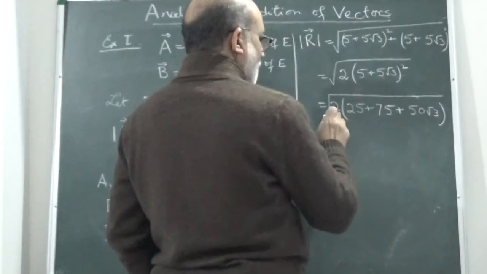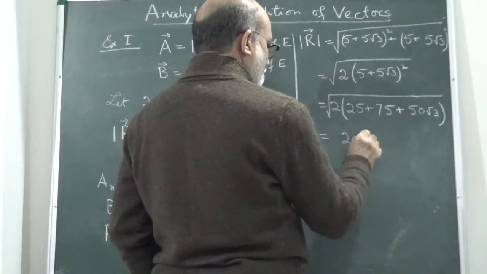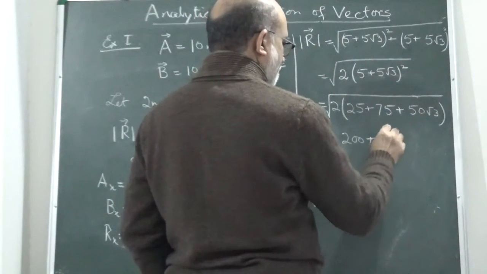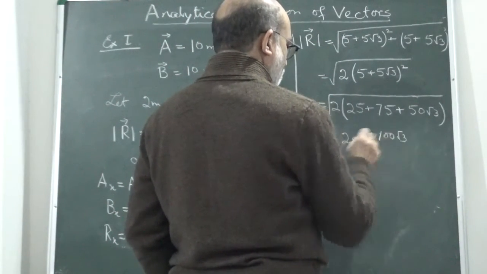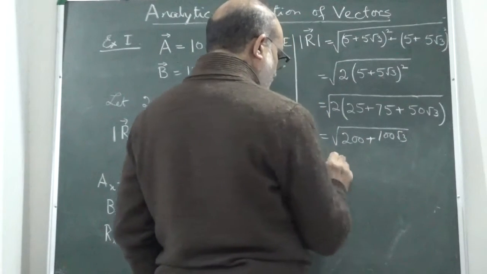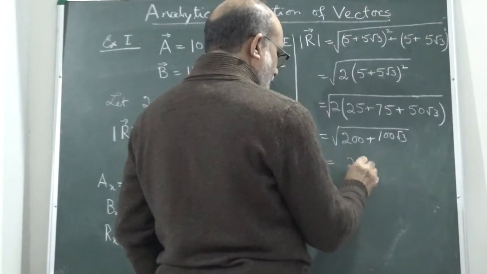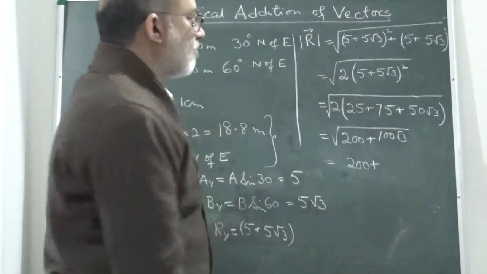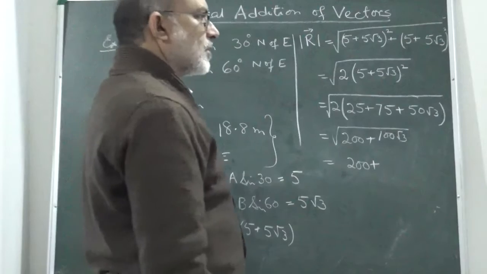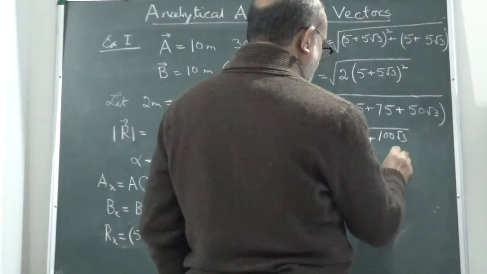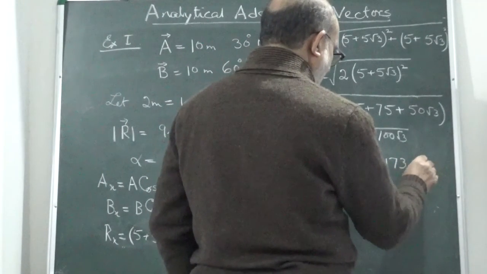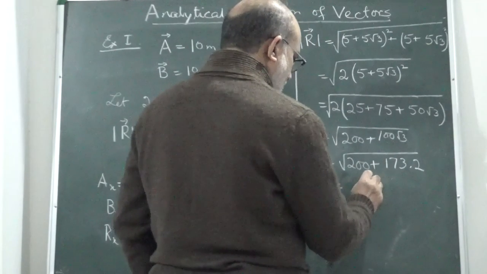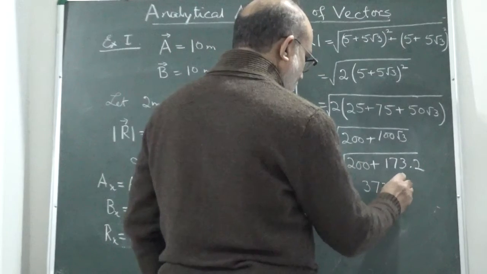So 100, it's 200 plus 100 root 3. So it is 200. Root 3 is 1.732. If you multiply it by 100, this will be 173 point something. So this comes out to be 373.2.